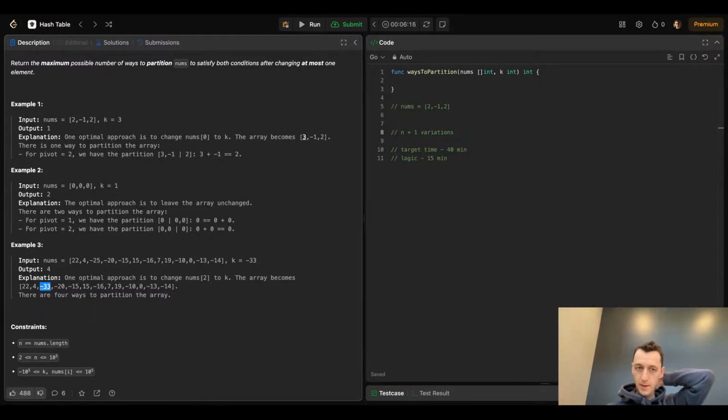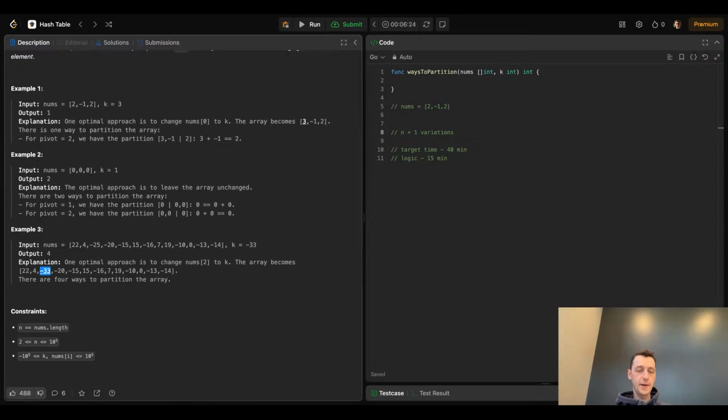The array becomes this, and there are 4 ways to partition the array. There are up to 10 to the 5 values, and they could be negative.